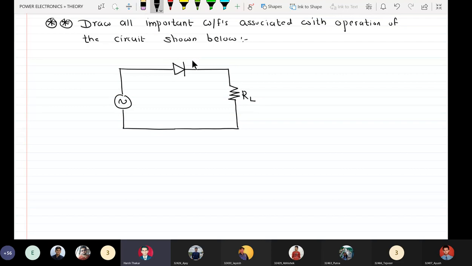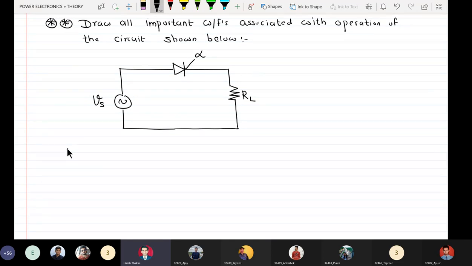Fine. So can anybody guess what is the technical name which can be given to this circuit in front of us?